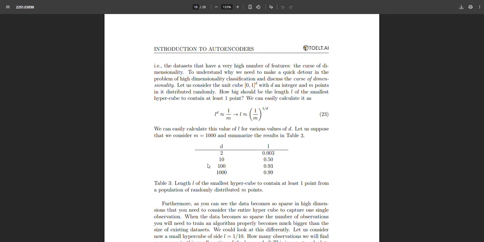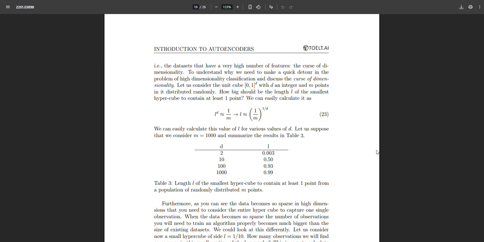The data is dense. But look what happens as the dimension increases. For d equal to 10, L jumps to 0.5. For d equal to 100, L jumps to 0.93, and for d equal to 1000, L is nearly 0.99.